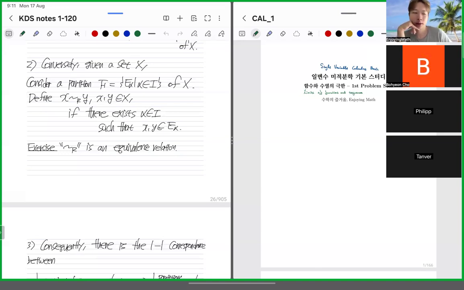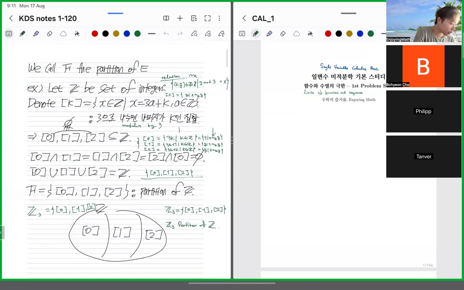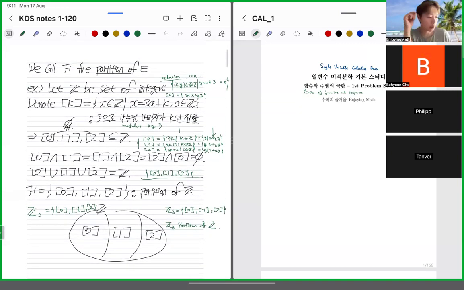So it's modulus 3 here, and we can make equivalence classes for these. And so they are essentially the same. I mean, not even different, right?